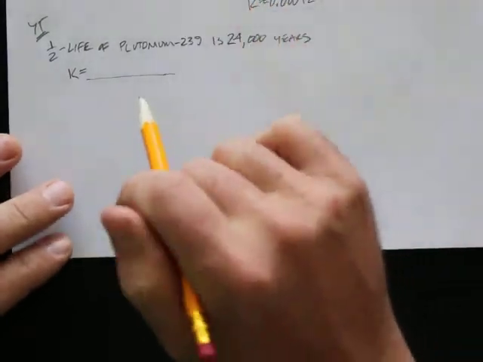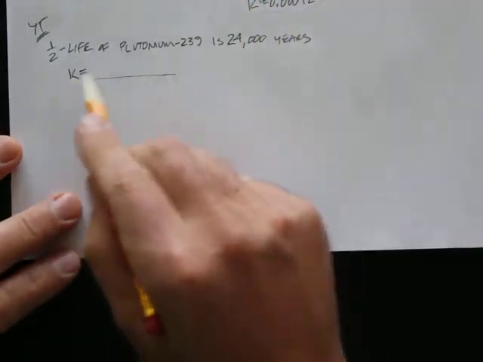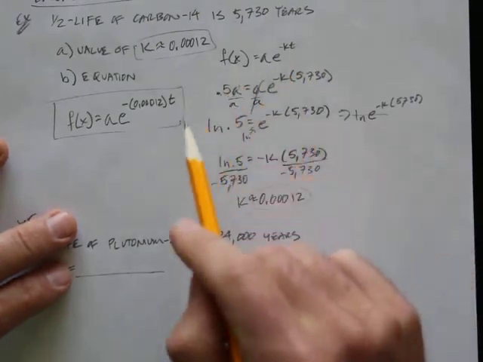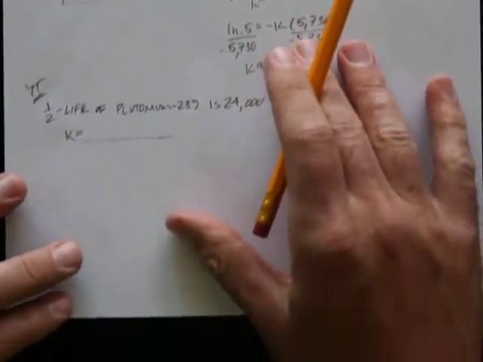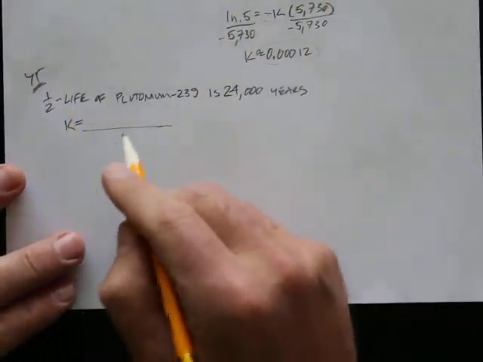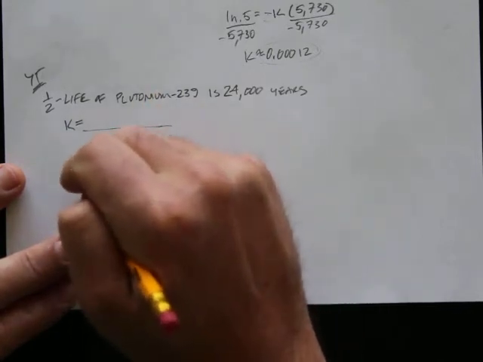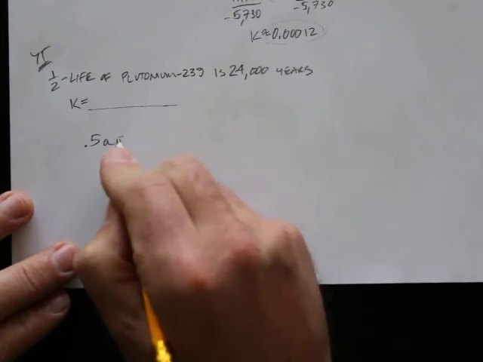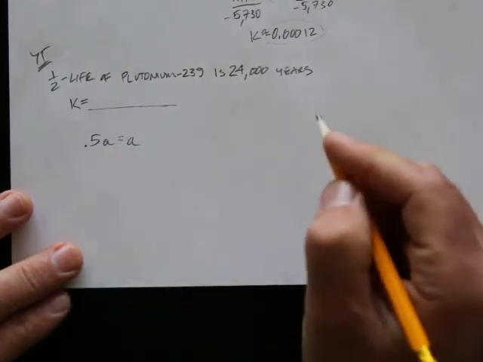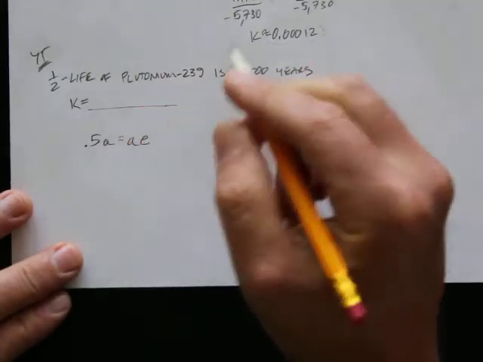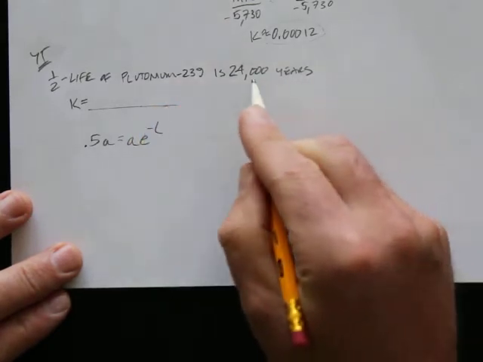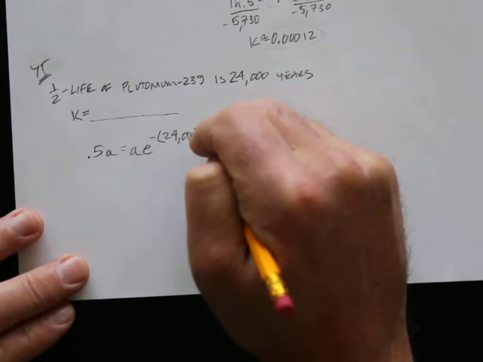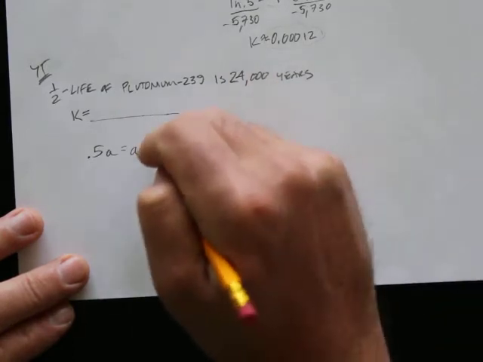All right, let's see how you did. I'm going to use this as an example to help me wrap my mind around what I'm doing, okay? So half-life again, so I'm going to say 0.5 of however much I start with equals however much I start with after this many years, 24,000 years times, oh, I forgot to put the K right here.